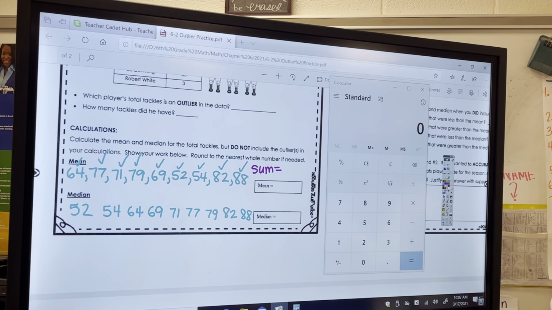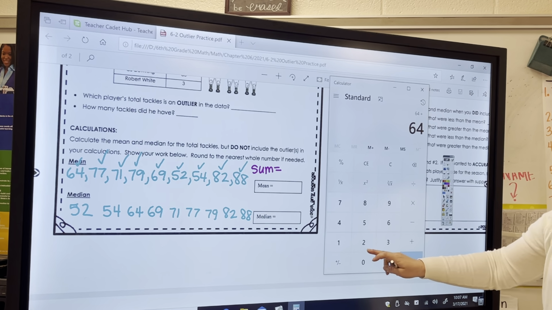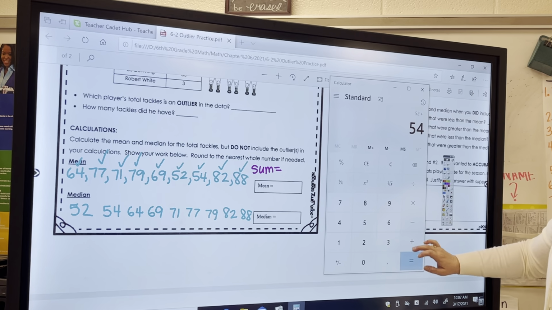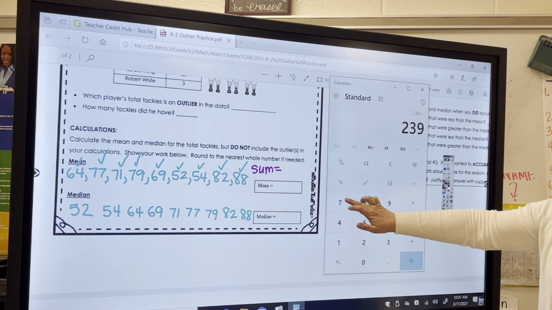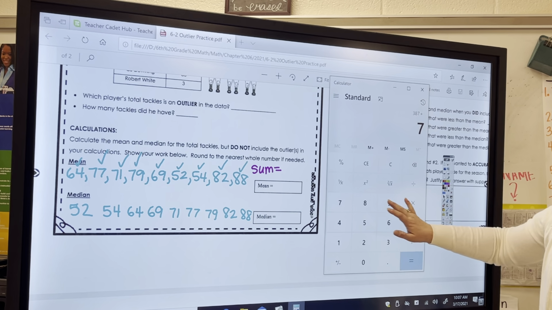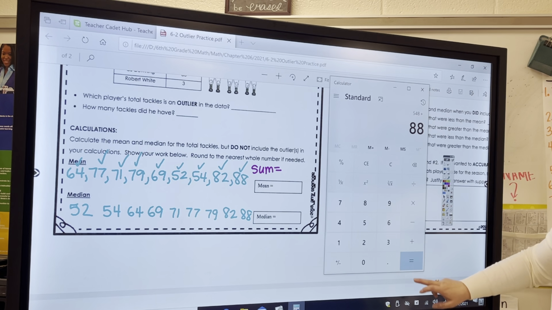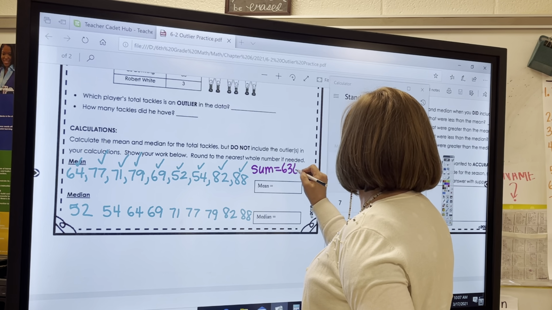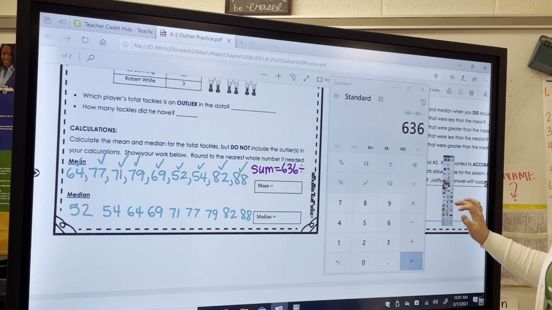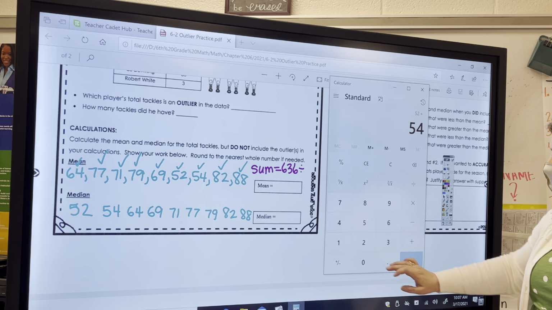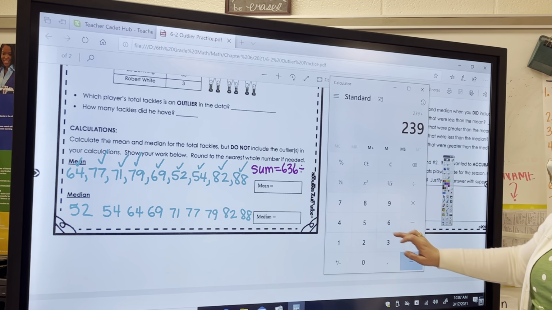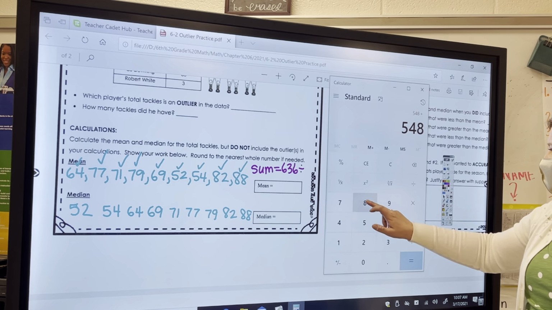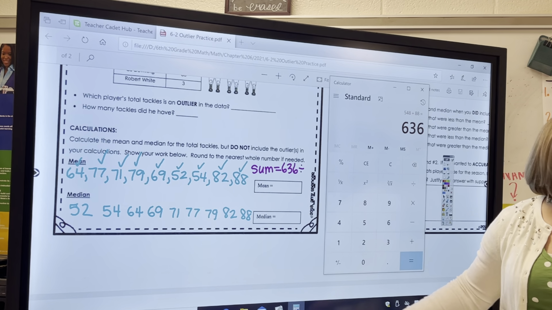How many times should you add up the numbers? Twice. At least twice. How many people got 636?